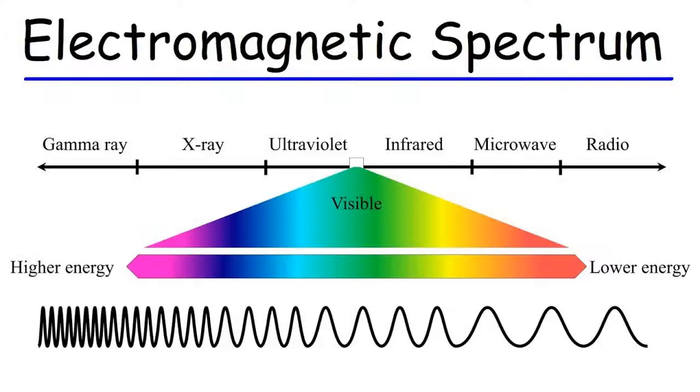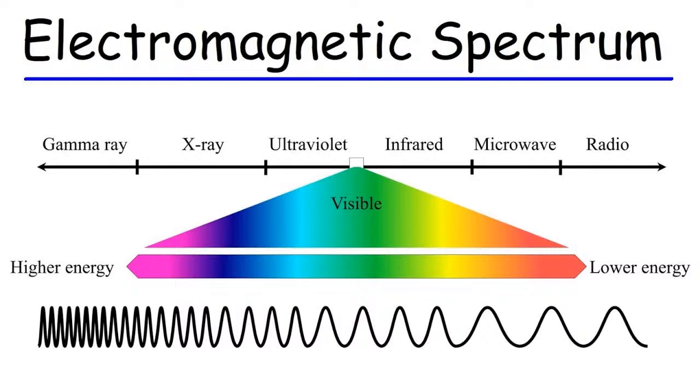Let's see. Yeah, so if you can all see that, we have higher energy lights, which are like gamma radiation, and like the Hulk, the gamma rays turn them into the Hulk. Then we have X rays, which we know emit a level of light that allows us to see beneath skin.